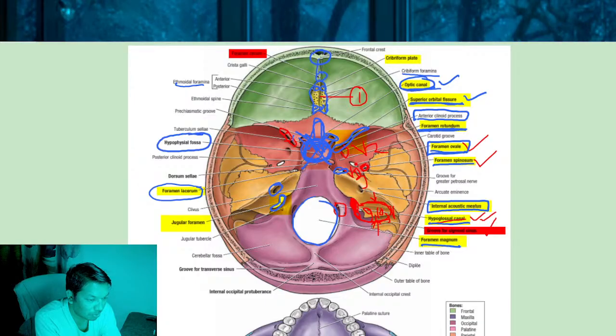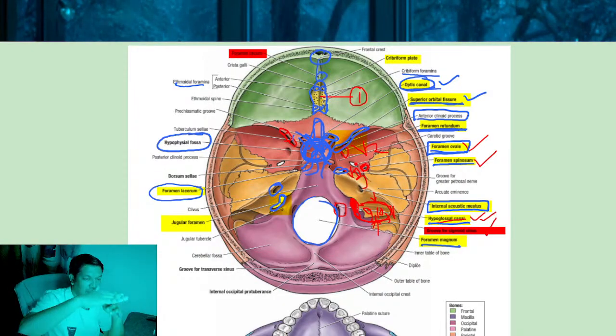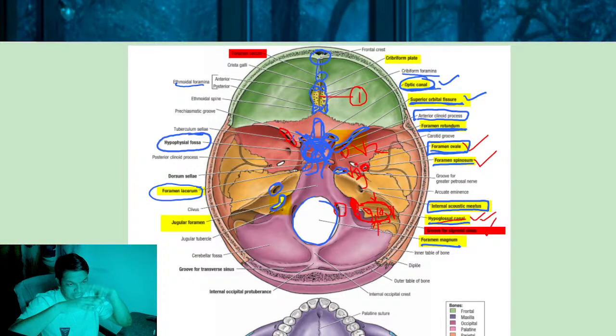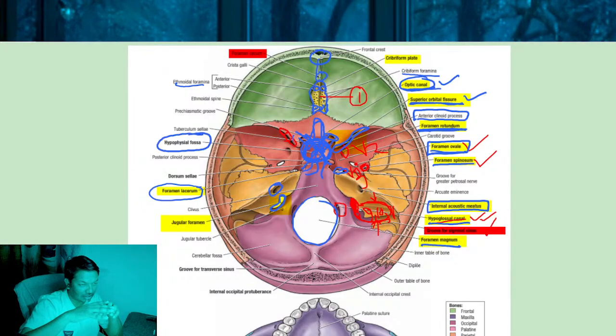If there is any lesion in the pituitary gland, the optic nerve will be like the roof and the pituitary gland is in the floor. So if there is any tumor in the floor, it cannot go down because the lower part is a hard, bony structure, the hypophyseal fossa.